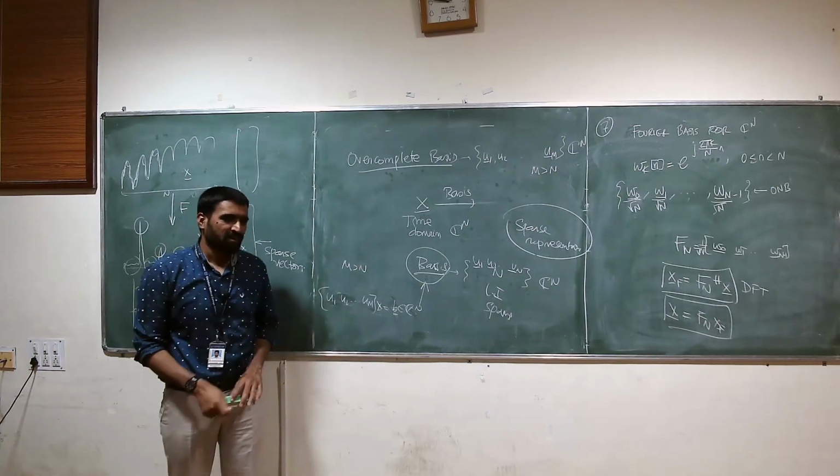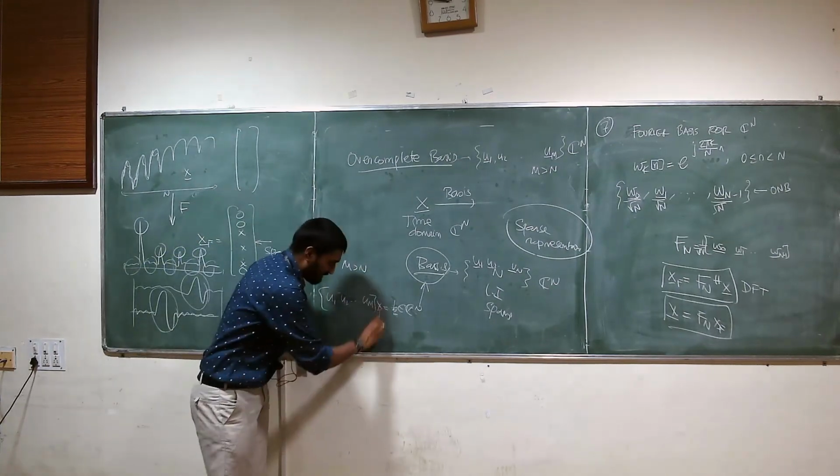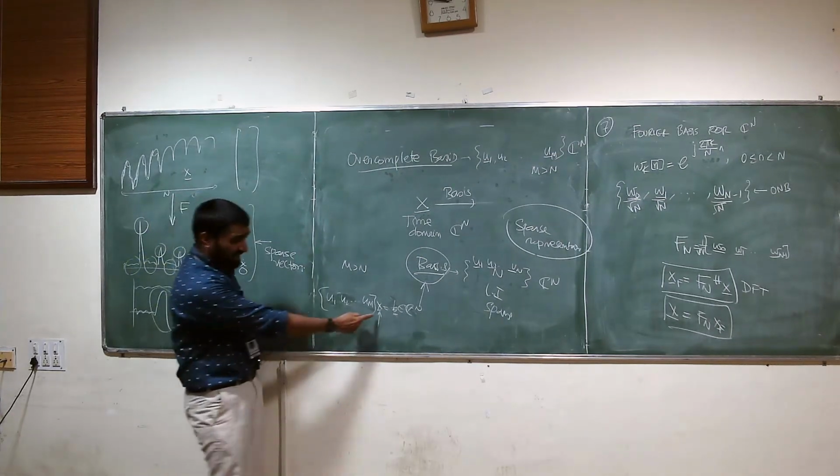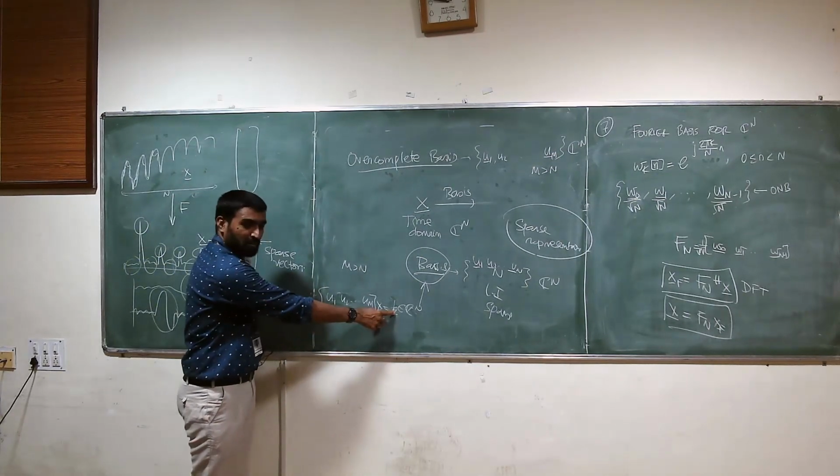What is the problem here? What we want is to solve for this x. There are an infinite number of possible x's that can represent b.